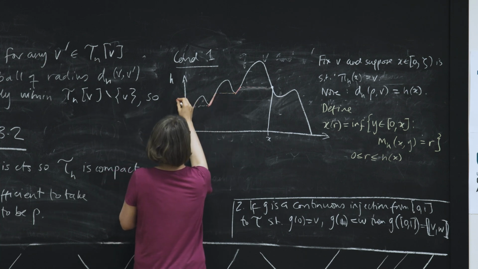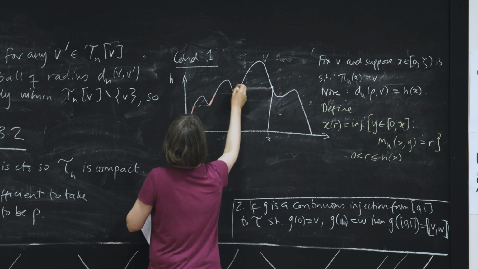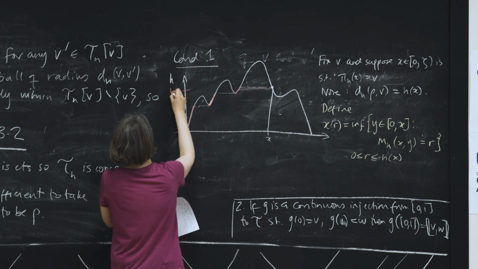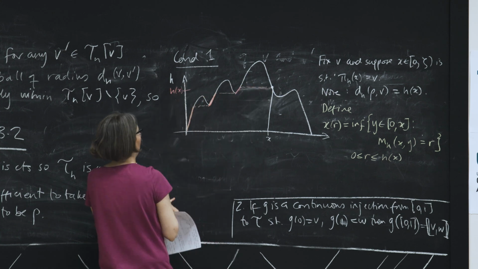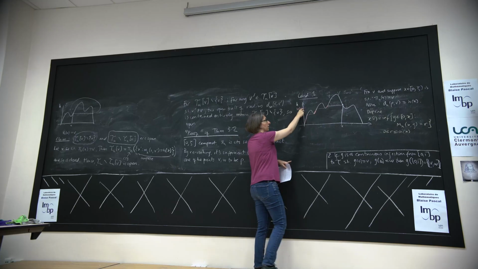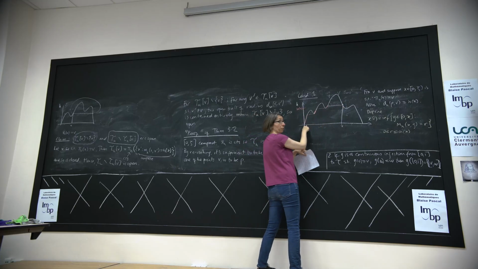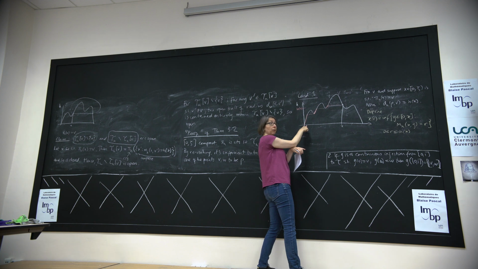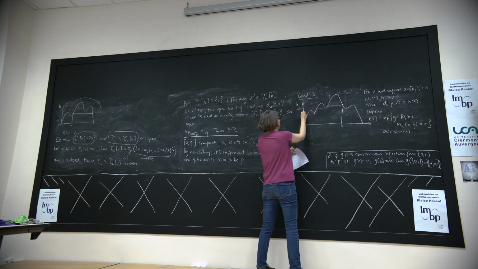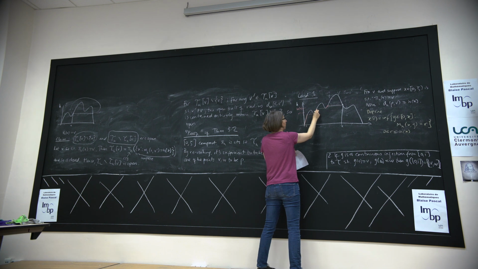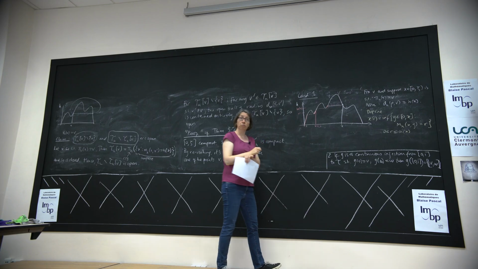So this here is h of x. And that's the distance of this point from the root. And what I'm asking for is that for every r between 0 and h of x, there needs to be some x, here, x of r, which is at that height.